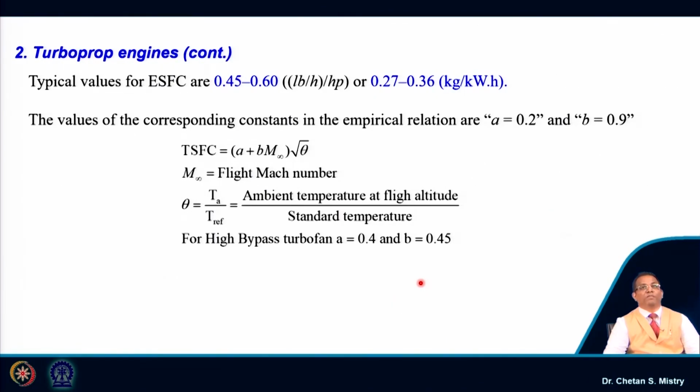For these turboprop engines, my equivalent specific fuel consumption will be in the range of 0.27 to 0.36. In the same way, the thrust specific fuel consumption can be calculated the way we have calculated.